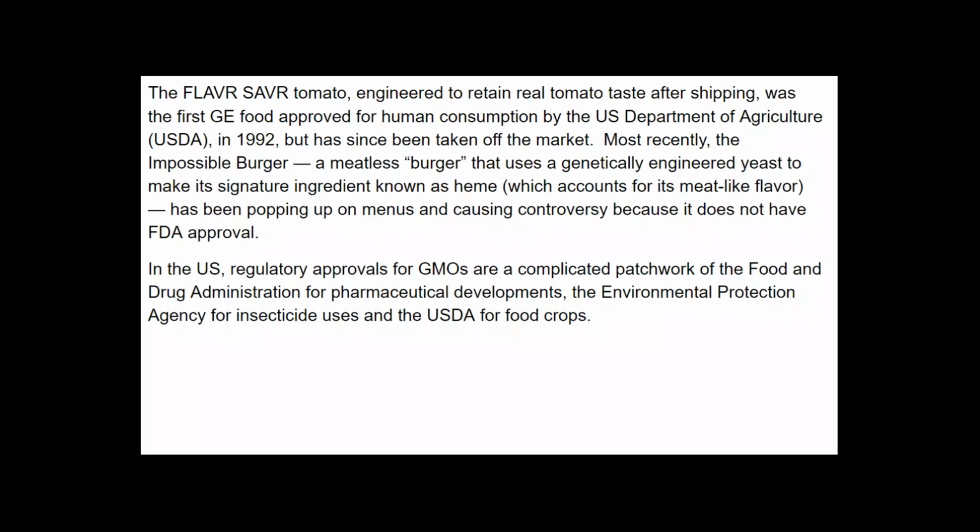More recently, the Impossible Burger, a meatless burger that uses genetically engineered yeast to make its signature ingredient known as heme, which gives a meat-like flavor, has been popping up on menus and causing controversy because it doesn't have FDA approval. In the US, regulatory approvals of GMOs are a complicated patchwork of the Food and Drug Administration for pharmaceutical development, the Environmental Protection Agency for insecticide uses, and the USDA for food crops.